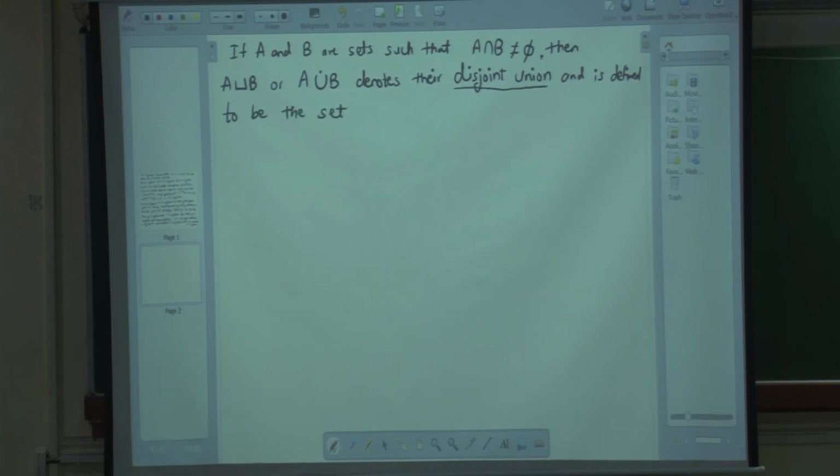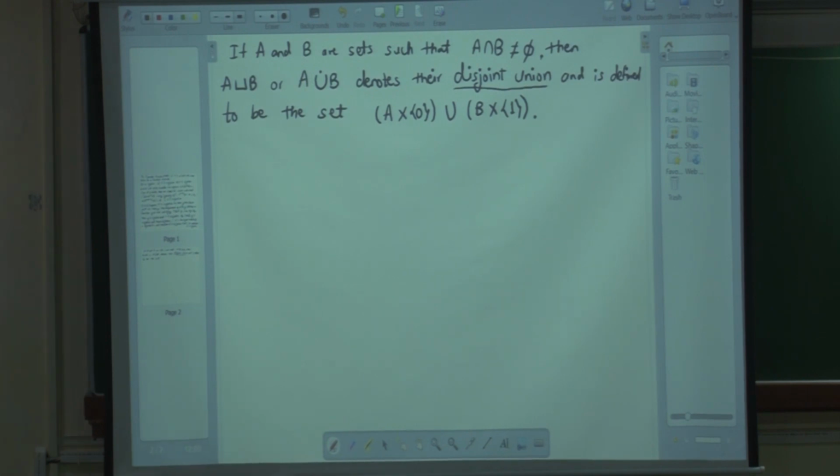So if A and B contain common elements, then we try to separate them into two bijective classes by doing this: A cross singleton 0 union B cross singleton 1. So what we did is something very simple.